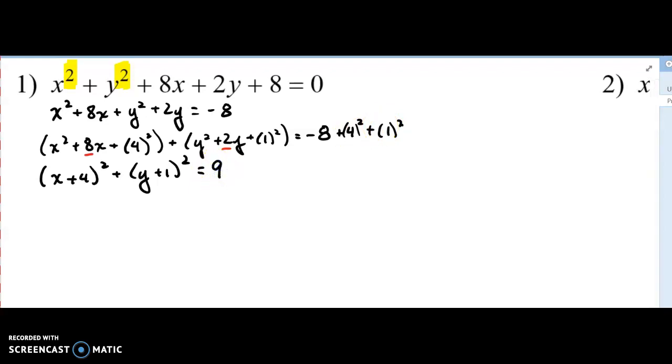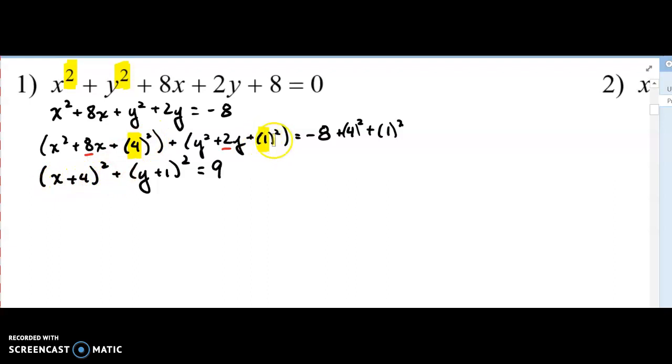Now, I just want to point out why I left this as 4 and why I left this as 1, because when I go ahead and complete the square, whatever that number is in the parentheses, it just comes directly down into where we complete the square. I don't have to think about it again. Okay, so instead of writing 16 here, I just write 4 squared. The 4 comes down to x plus 4 squared.